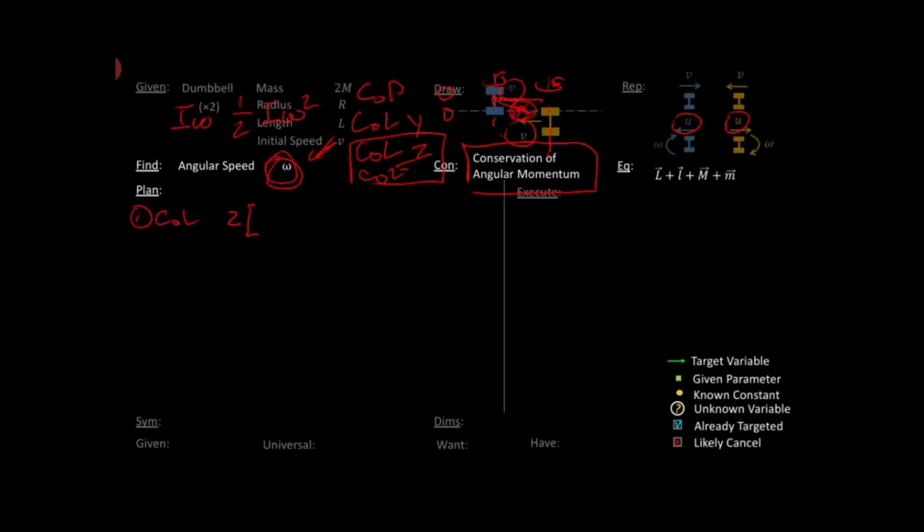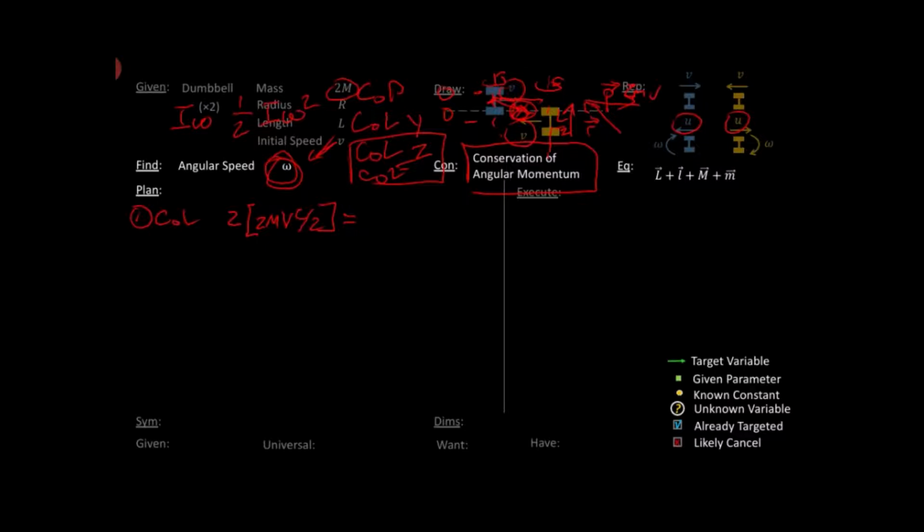It's L equals R cross P. And that ends up using this L over 2, which is the center of mass of the dumbbell right in the middle of it, times P, which is mv. Actually, P is equal to 2mv because we have 2 weights on either side. So we have 2m, we have v, and then we have L over 2. And that's the initial angular momentum in the z direction.